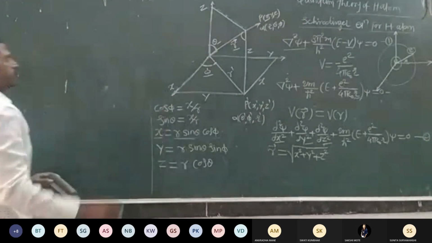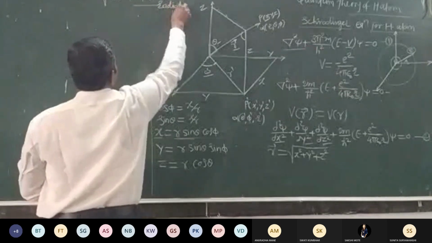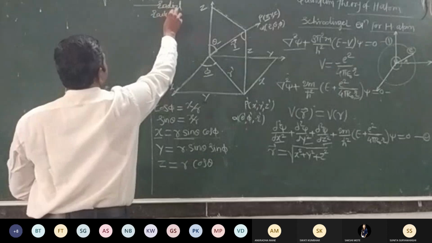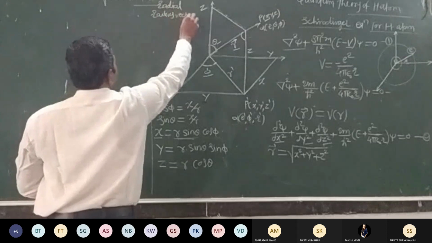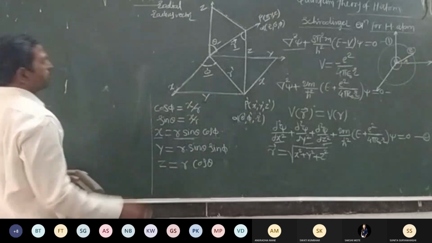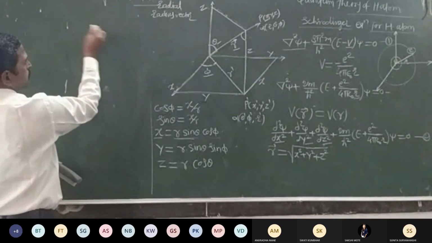This is the radius vector. R is the radius or radial part, radial or radius vector. कोणतेही म्हणू शकतो आपण रेडियल पार्ट किंवा रेडियस वेक्टर, and then पुढचा theta.